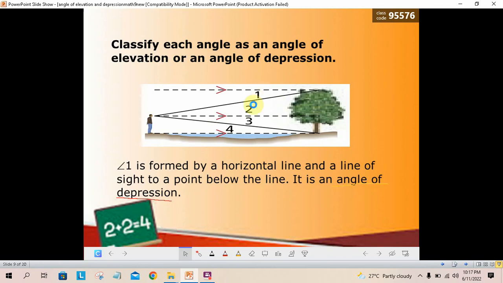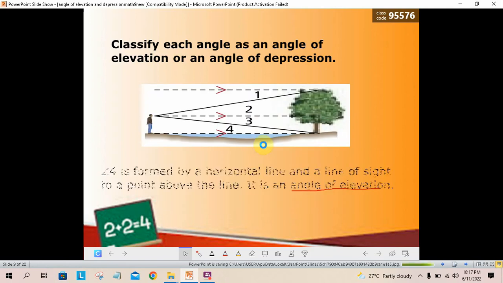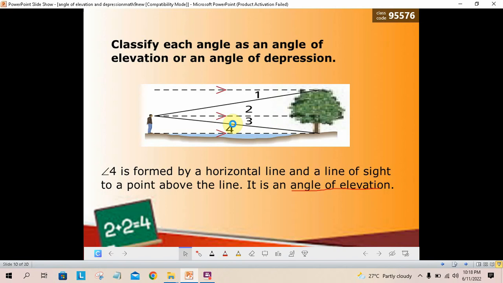So angle 1 here is called angle of depression. How about angle 4? Elevation or depression? Angle 4 is formed by a horizontal line and the line of sight to a point above the line. And then this is angle of elevation.